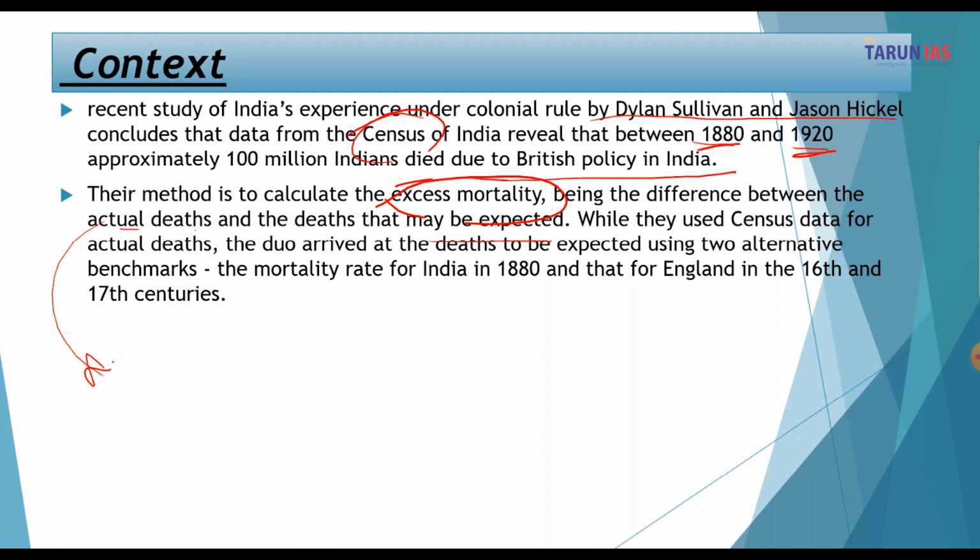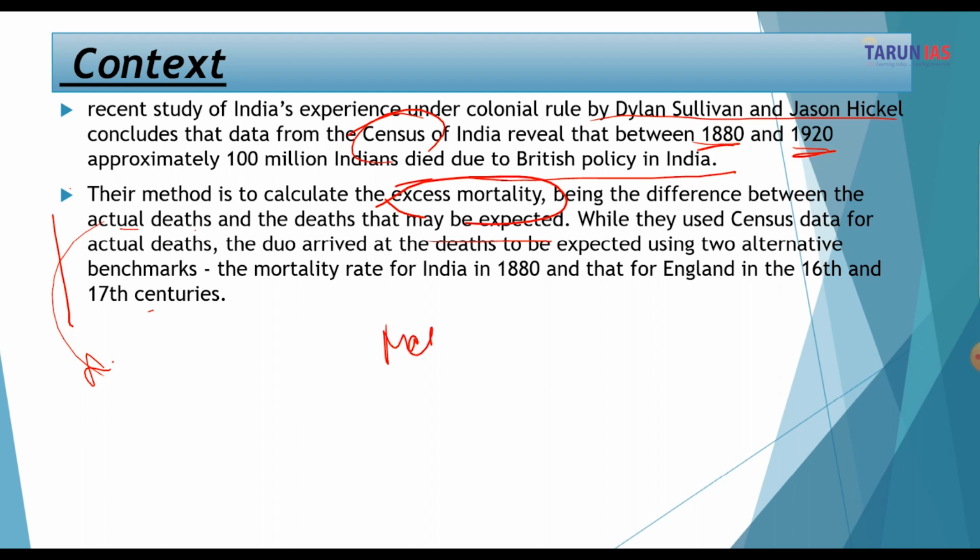They have used the census data for the actual deaths, while the two population scientists, Dylan Sullivan and Jason Hickel, arrived at the deaths to be expected using two alternatives. Okay, so let me discuss their methodology here.